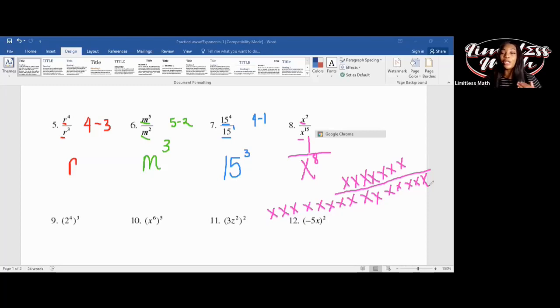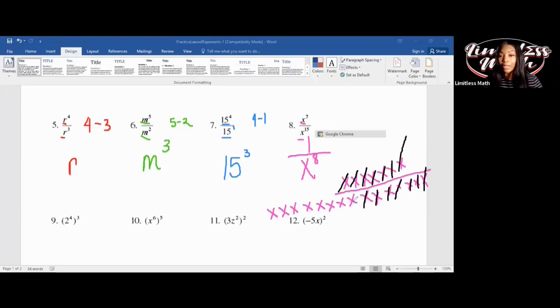We have x on top, x on the bottom, you can cancel. So we could do top, bottom, cancel, and repeat for each pair. And then however many we have left would be our answer in whatever position they're in.